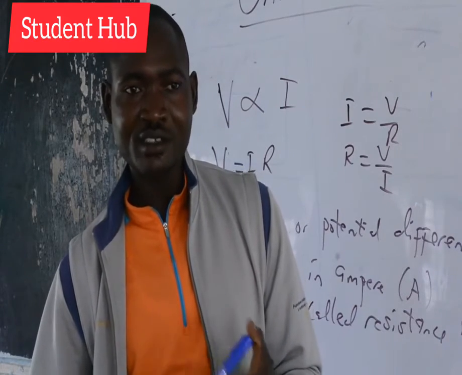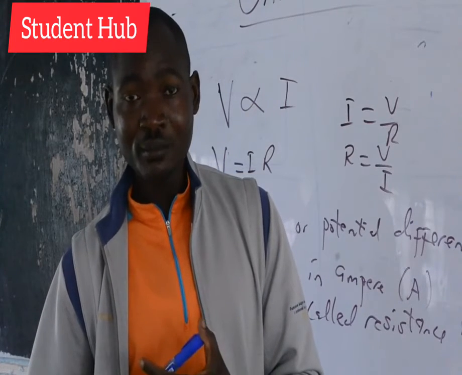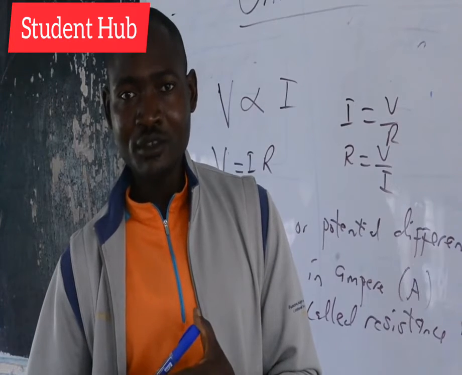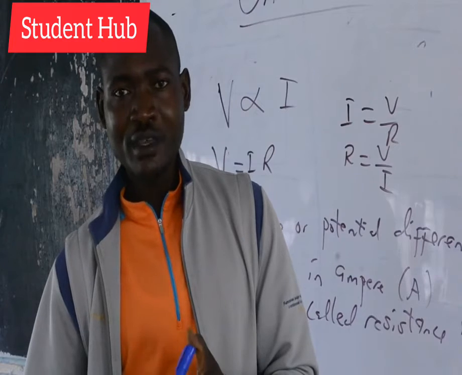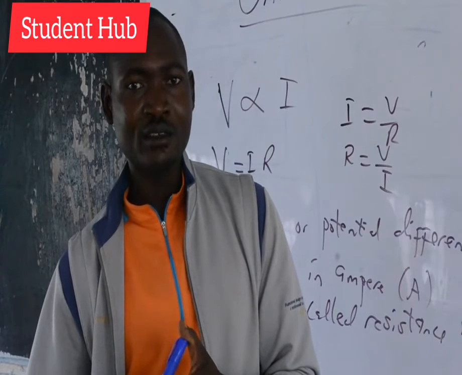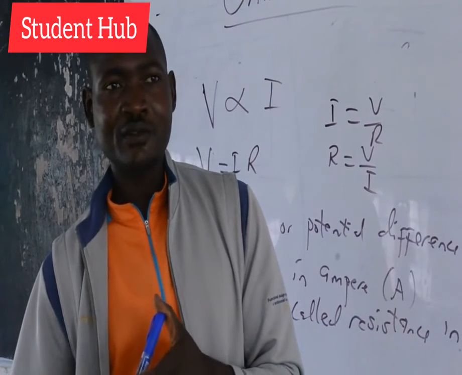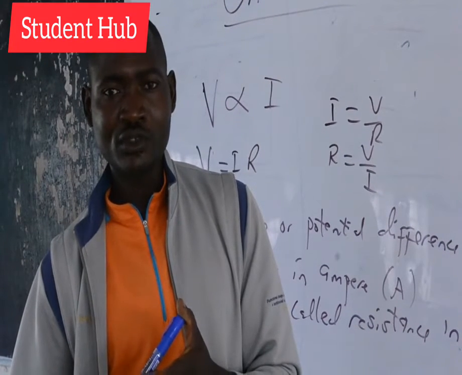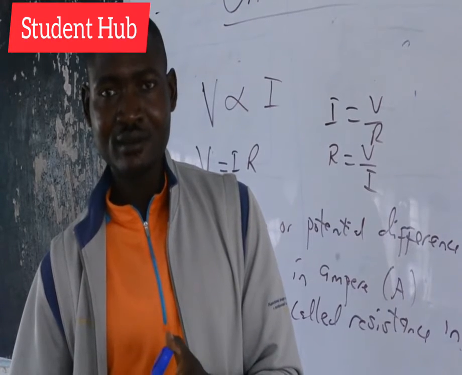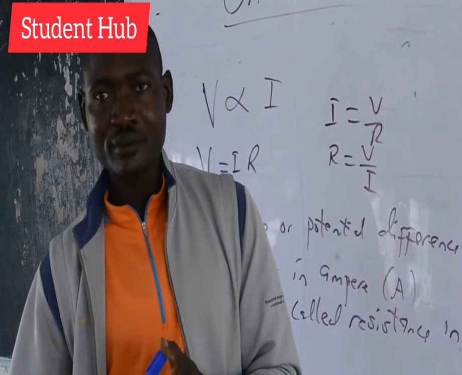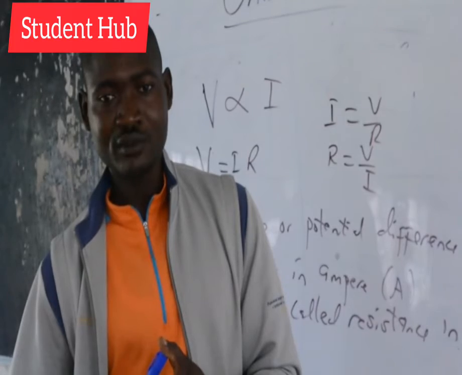As you know, silver is the best conductor of electricity, followed by copper, followed by aluminum, and so on. Examples of non-ohmic materials: we have semiconductors, such as valves, transistors, thyristors, and so on.